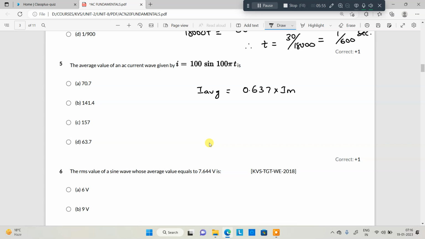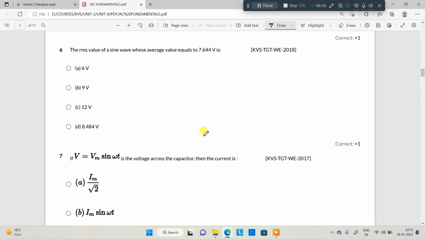So 0.637 into what is Im? This is Im, because you know I is equal to Im sin omega t. From that, 63.7 amperes. What is the current now? 63.7 amperes. Option D is the correct option.